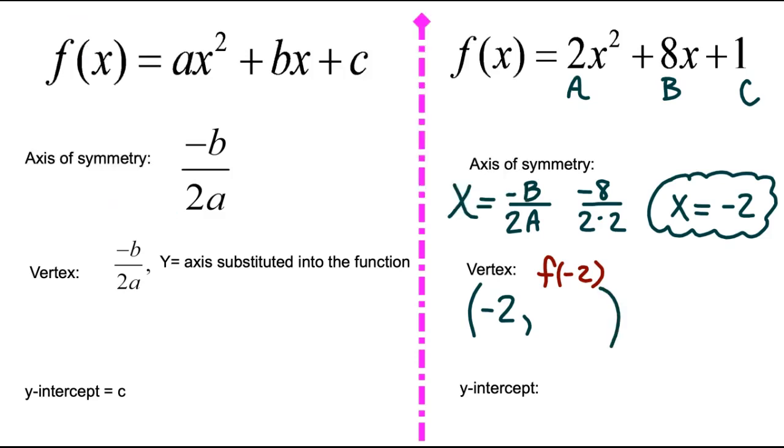So put negative 2 in for x, and what do we get for f of x or y? So that's 2 times negative 2 squared plus 8 times negative 2 plus 1. Yeah, I didn't write squared. There we go. So square it first, you get 4 times 2, you get 8. So that's going to be 8 plus a negative 16 plus a 1. That's going to give me a total of a negative 7, I believe.